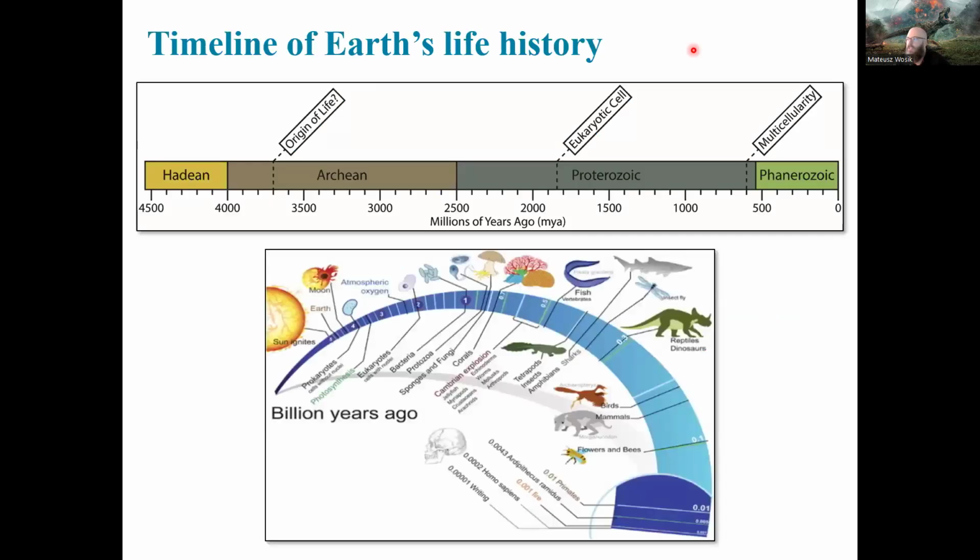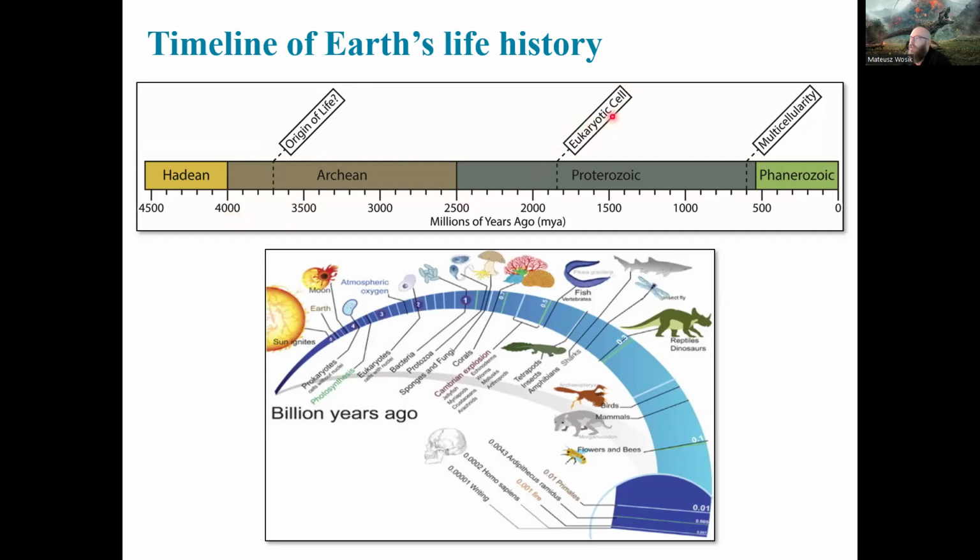The timeline of Earth's life history is broken into several major divisions that we'll see here. I've got a couple of key points outlined. We have the origin of life occurring in the Archean, between 3.5 and 4 billion years ago.